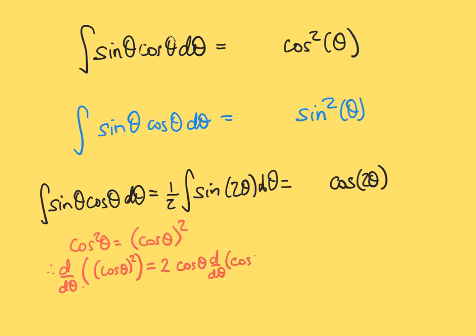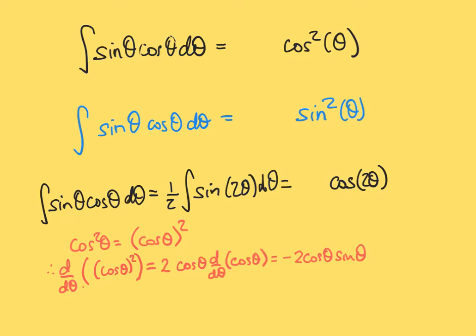So what we obtain, bearing in mind that the derivative of the cosine of theta is minus sine theta, is we're going to get minus 2 cos theta sine theta.